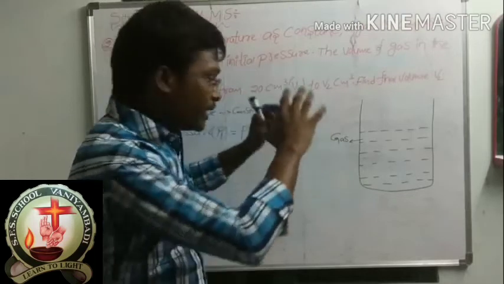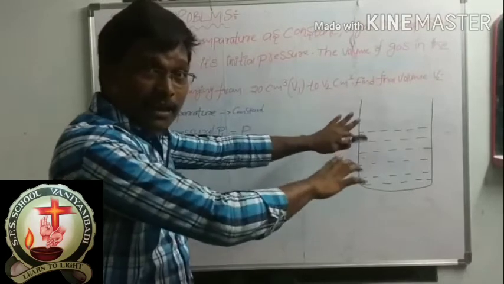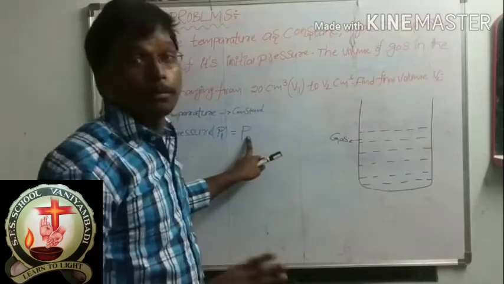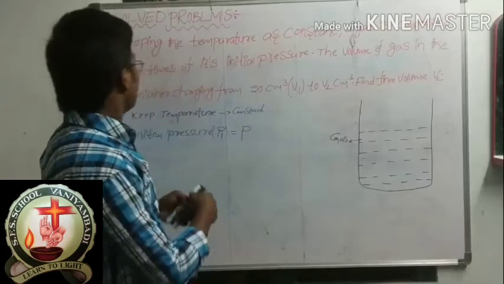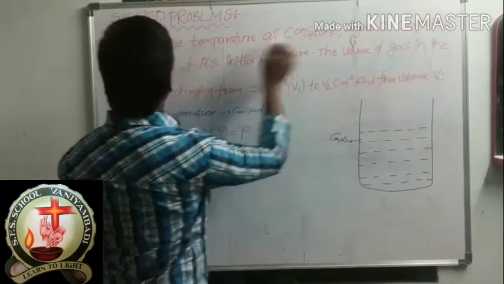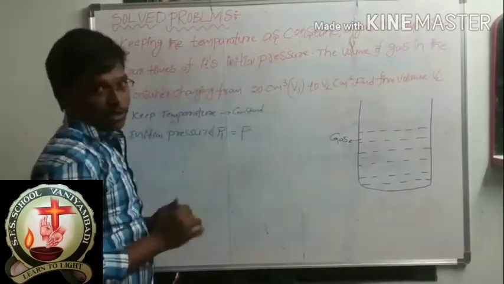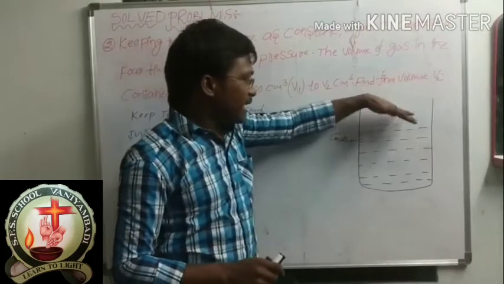Okay, so in this container having gas, the gas initial pressure is P. Then the gas is compressed 4 times of its initial pressure. Please listen carefully. This is the initial gas, having initial pressure P. Now what he is telling in the question is that the gas is compressed 4 times of its initial pressure. So the initial pressure is P, and he is compressing 4 times.